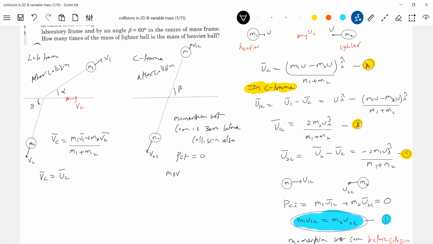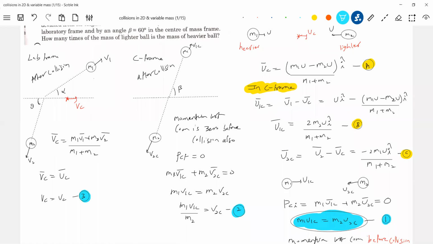M1 V1C, and if I equate, it will be like this, M2 V2C. M1 V1C by M2 equal to V2C. This is equation 1. I'll call this equation 2. This is equation 3. I think almost now we are able to complete the problem.